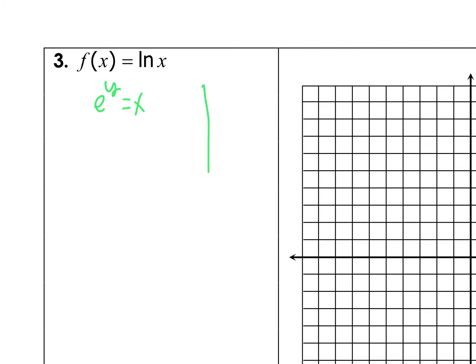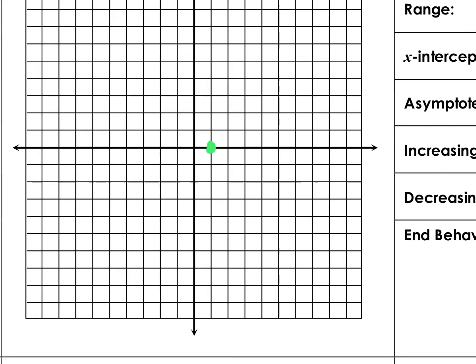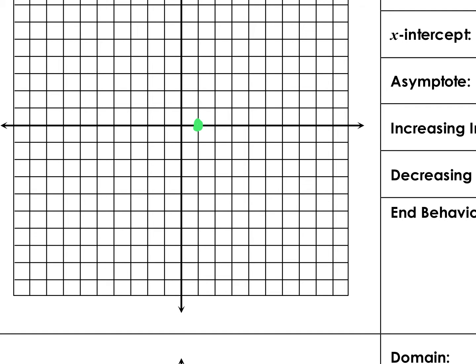So again, if I make my table and I let y equal 0, I get 1 again. So who am I kidding? And e is a number greater than 1, so it's going to be the same picture that I did a minute ago. It's just going to be different values in the table.